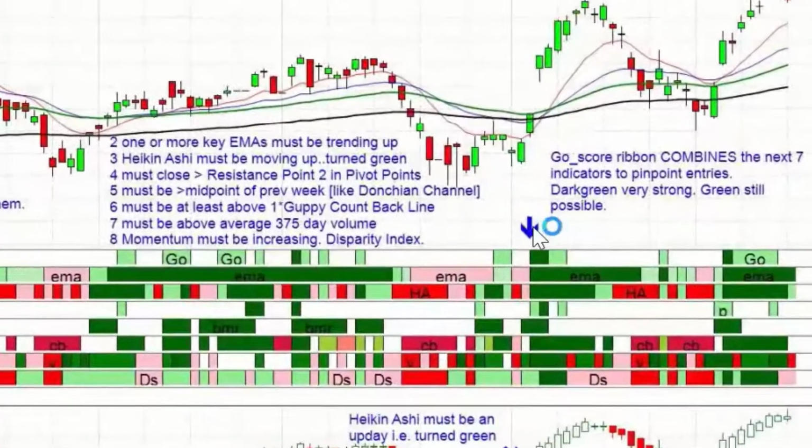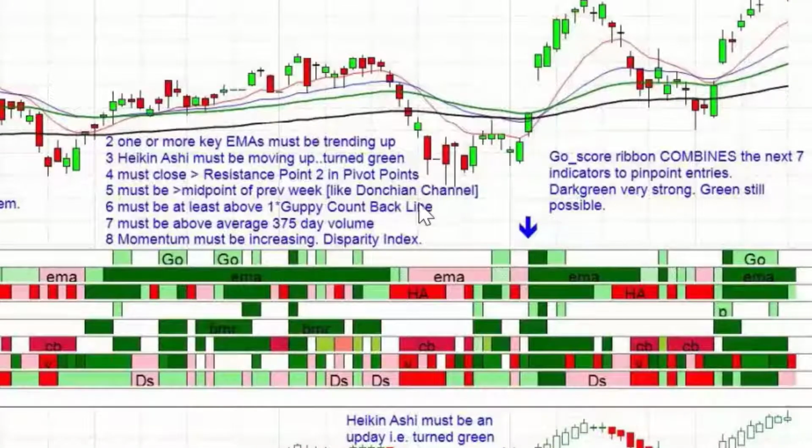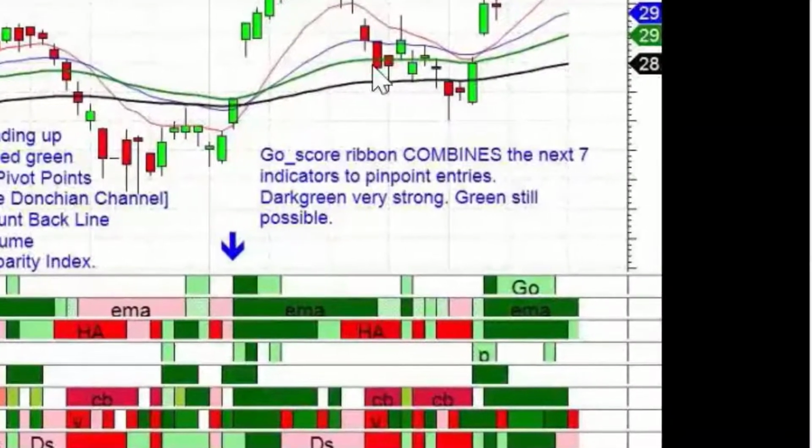And the idea of the Guppy countback lines is you look for a significant low point. I look for the lowest point in 5 days or even 10 days. I think Darrell looks back 20 days or even more, but I'm not clever enough to code that sort of thing. And then you take the lowest point, you look for the high of that low.